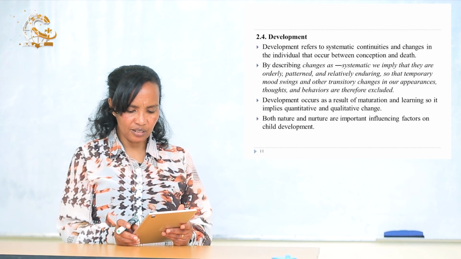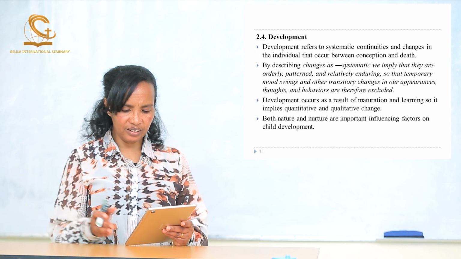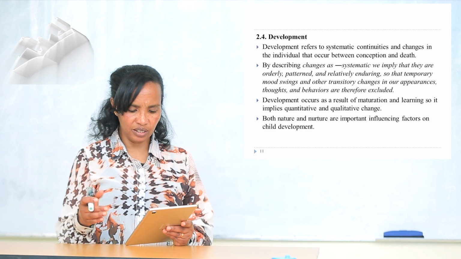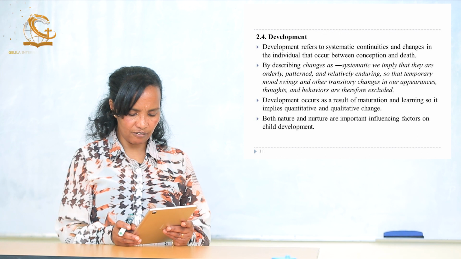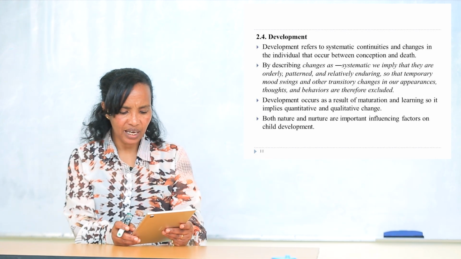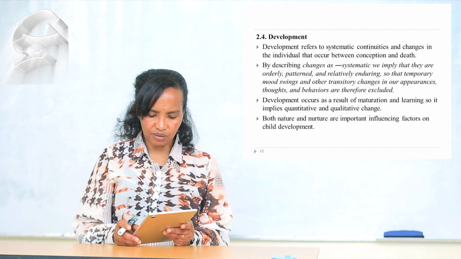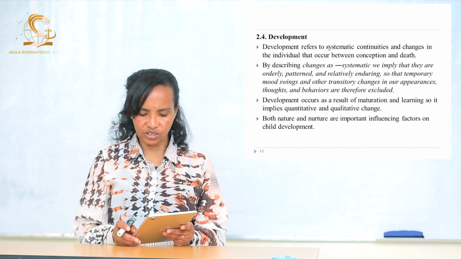So it is systematic, orderly, patterned, relatively enduring change in behavior that we call development. Development occurs as a result of maturation and learning, so it implies quantitative as well as qualitative change.